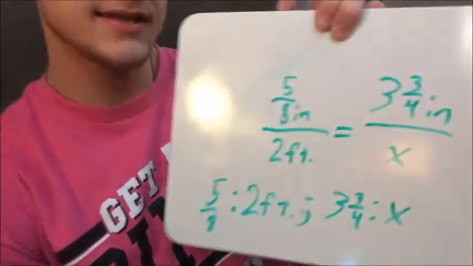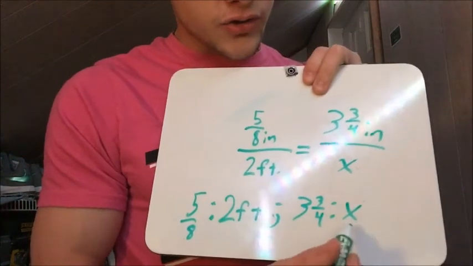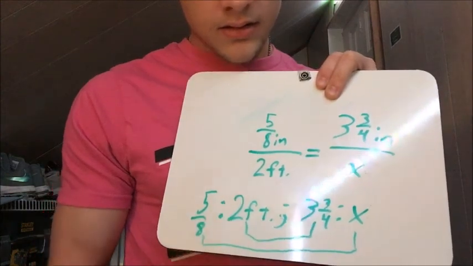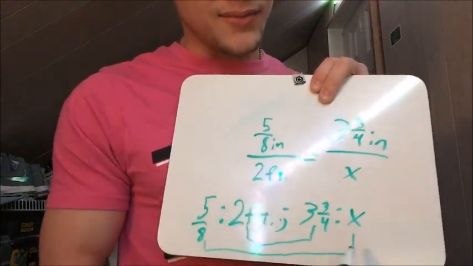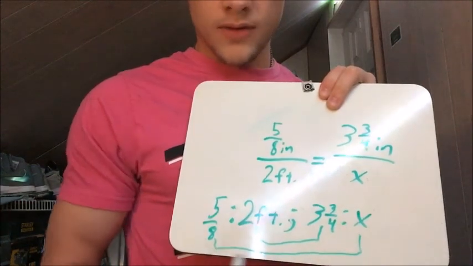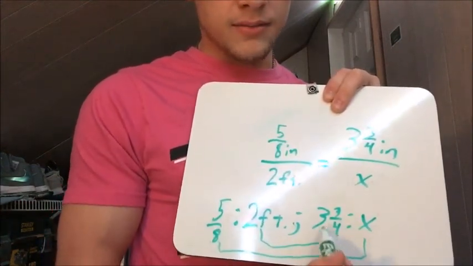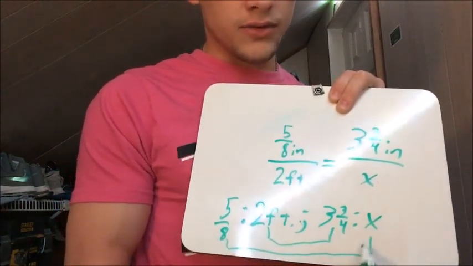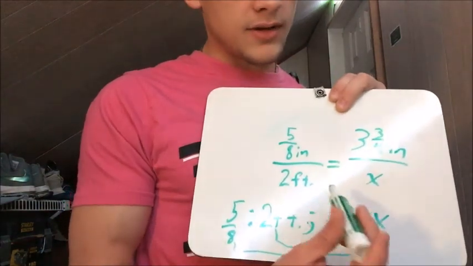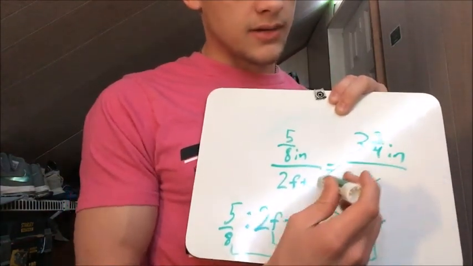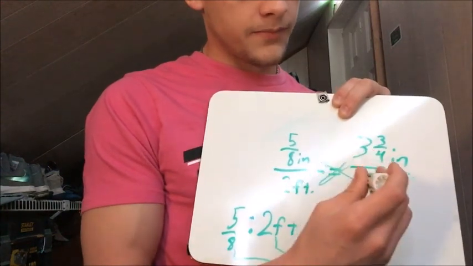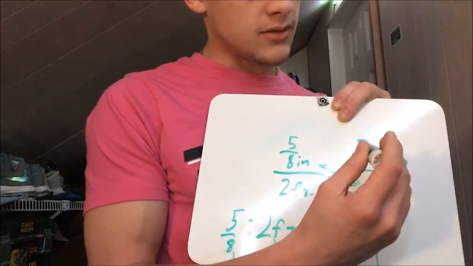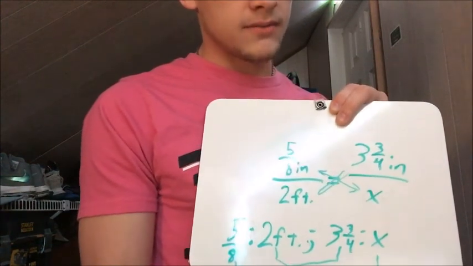If we wrote them like this, do you remember the extremes and the means? Well, you should, because we've been over it, but I'll go over it again. The extremes are the ones on the outside of this equation. The means are the ones on the inside. The means multiplied together should equal the extremes multiplied together. And if you notice, when it's written like this, those are the numbers that are diagonal from each other. So 5/8 times x should equal 2 feet times 3 3/4 of an inch.